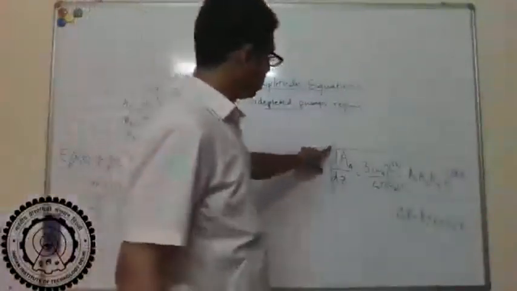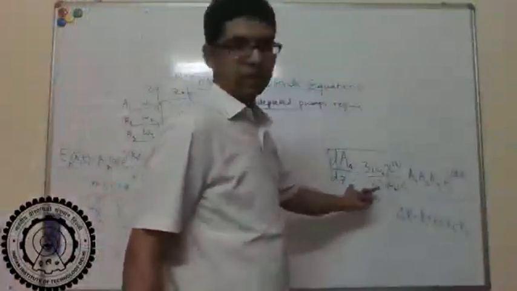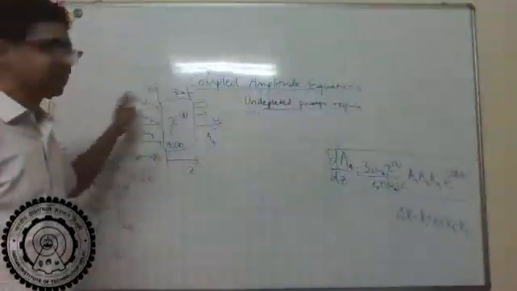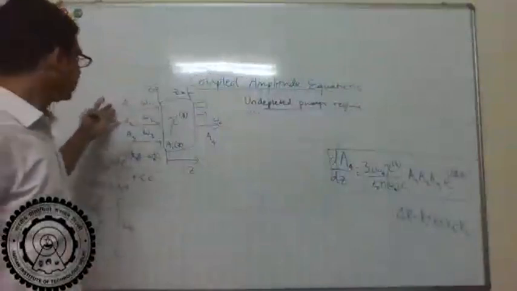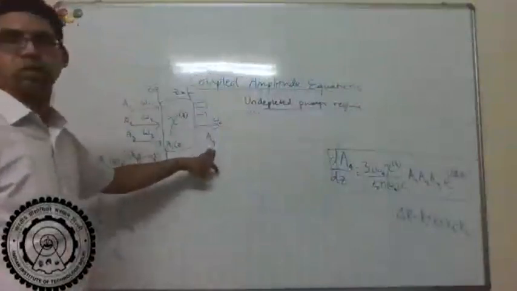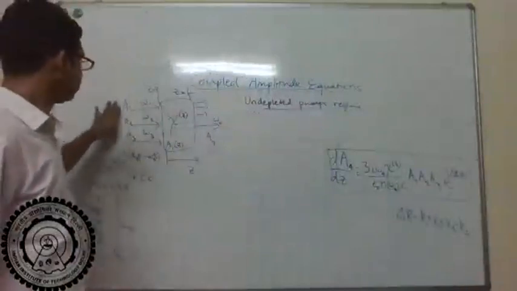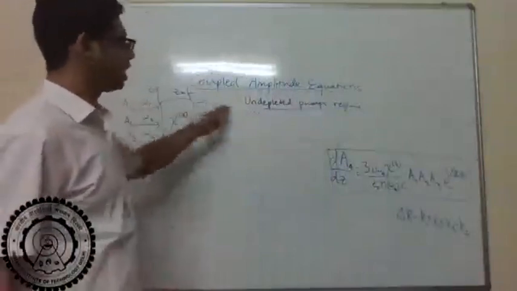So I'm saying that let's solve this equation in a very simple case where we say that the input fields are very strong, right? And the conversion to A4, let's say, is weak enough such that we can approximate that the input fields are undepleted.